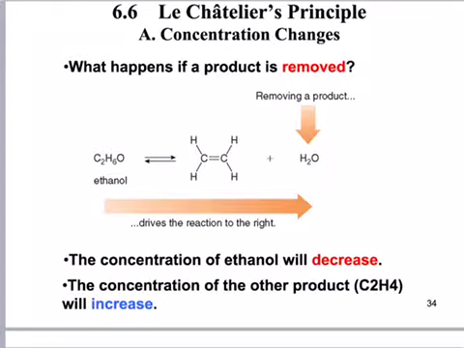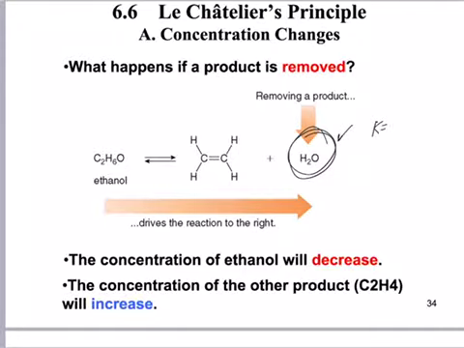If I remove a product, here I have the process of ethanol being turned into ethylene and water. If I keep pulling water out of my reaction, that's like removing the product.